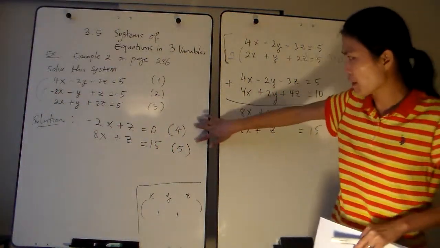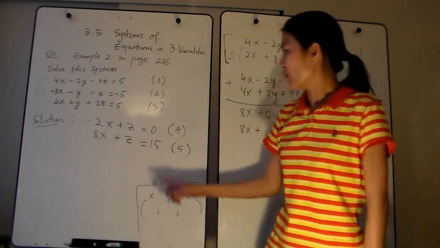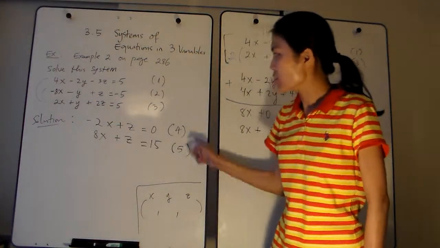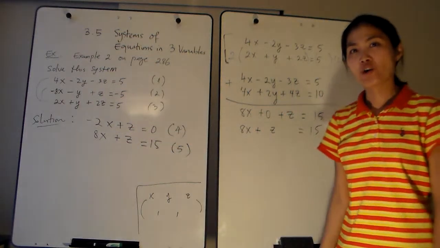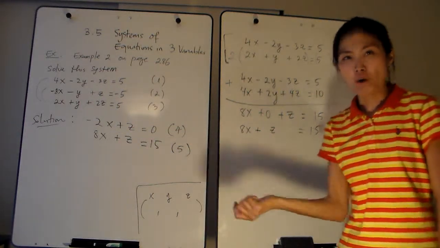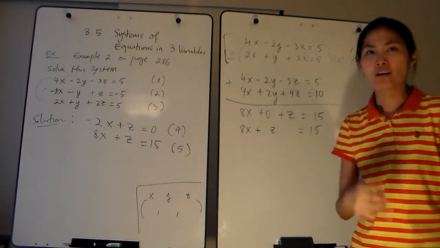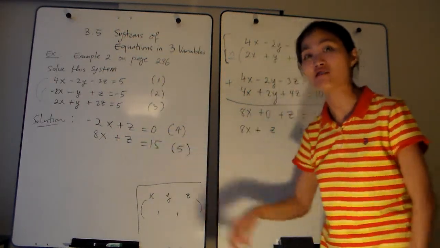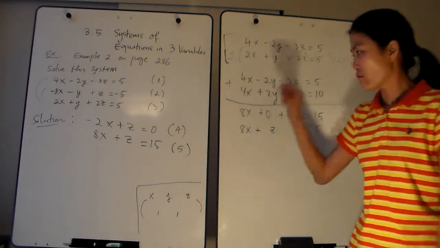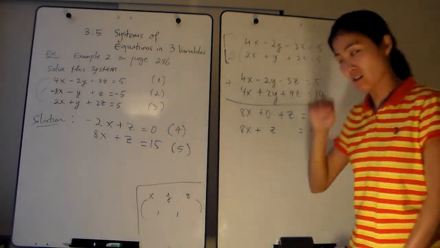Look at that. Look at equations 4 and 5. This is a system of two equations with variables x and z, right? So if you have an equation with two variables, and you can find another equation with the same variables, guaranteed, you can solve for those two variables, x and z.